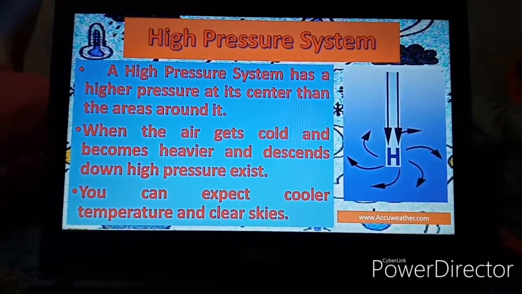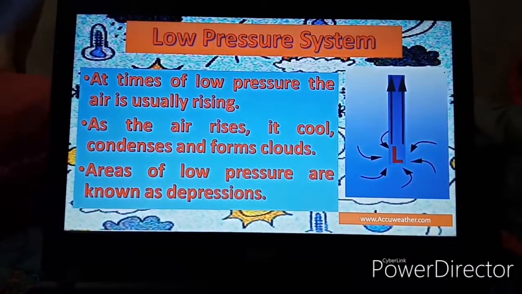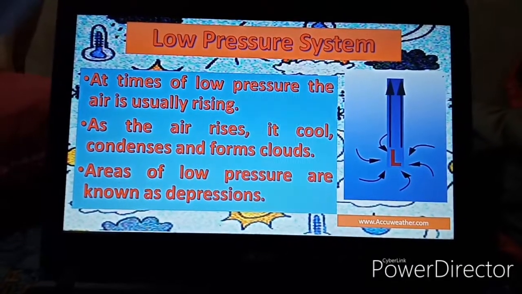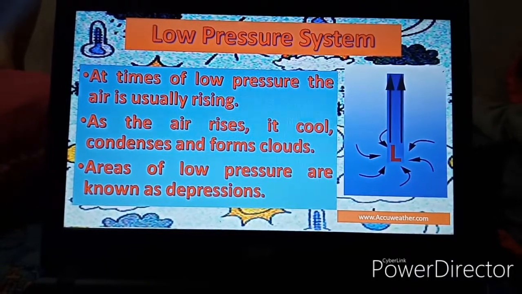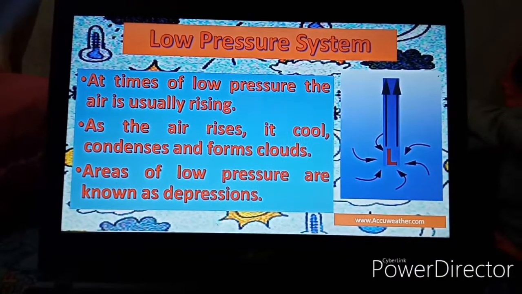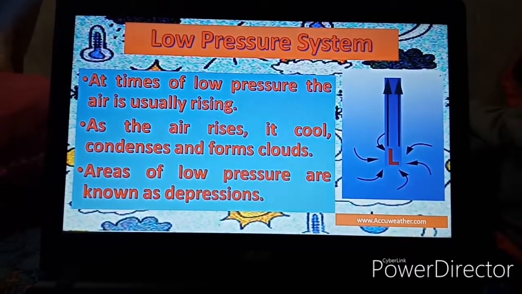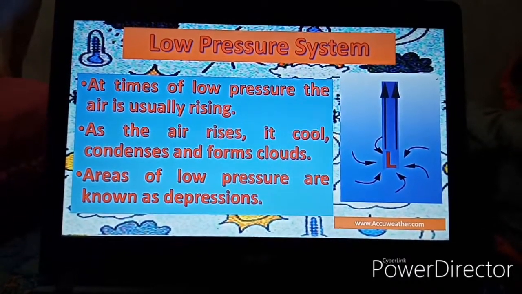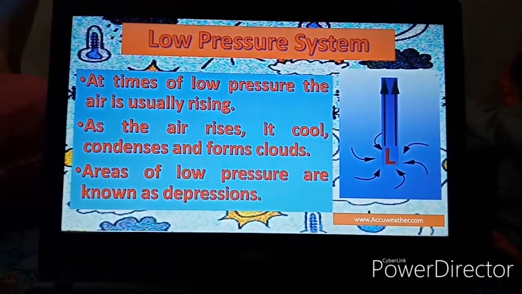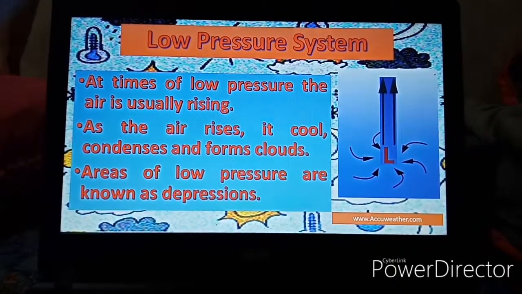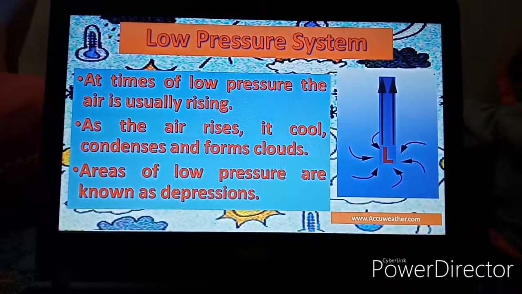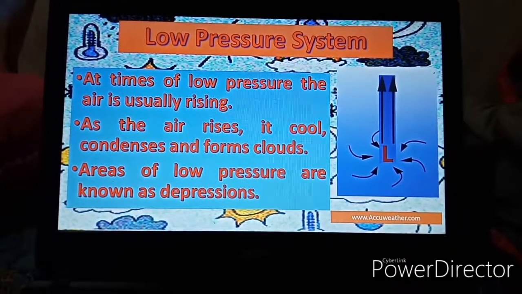The next pressure system is the low pressure system. At times of low pressure, the air is usually rising. As the air rises, it cools, condenses, and forms clouds. Areas of low pressure are known as depressions. Yes, low pressure is very familiar to all of us because it is always seen when a typhoon is coming.